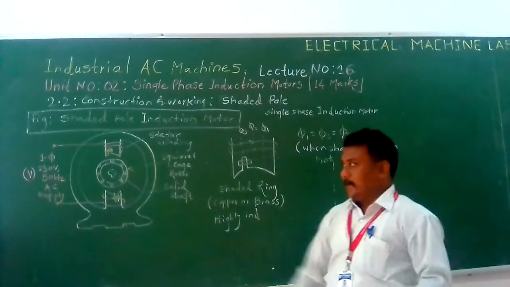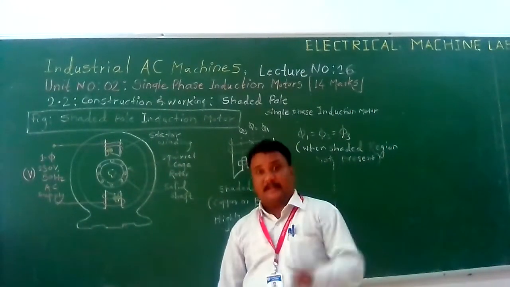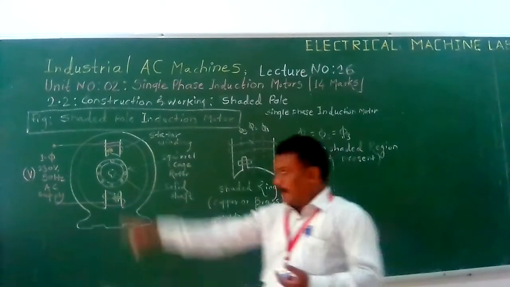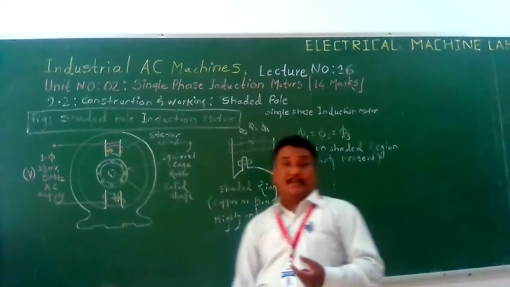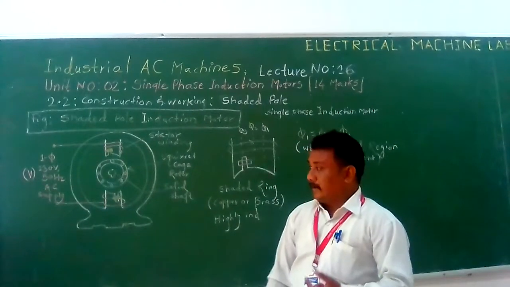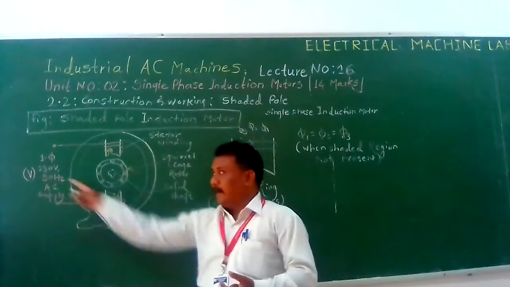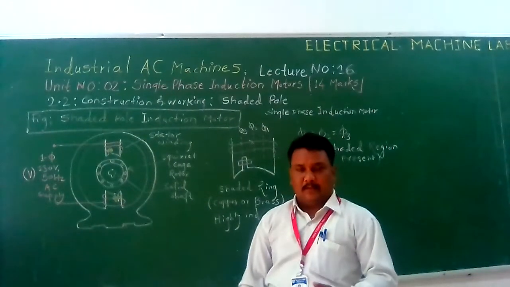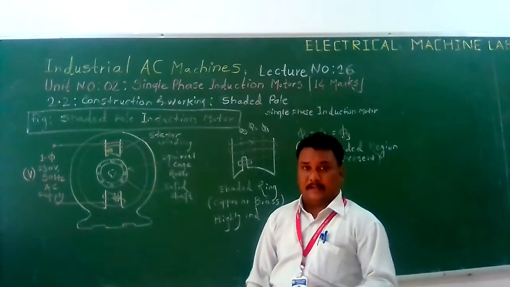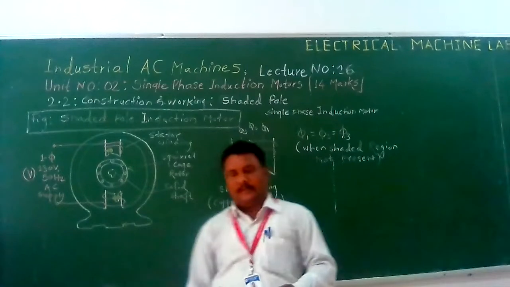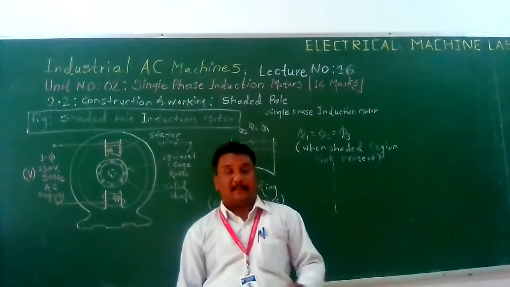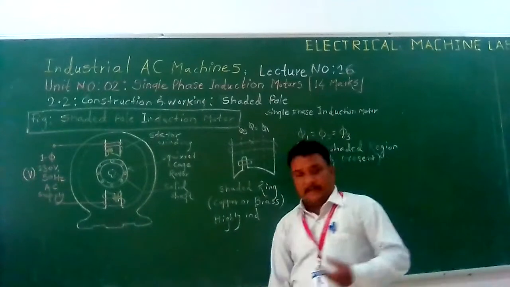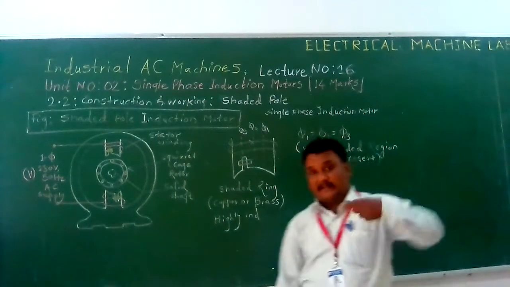Again, the rotor is a conventional squirrel cage rotor, and at the center a solid shaft is mounted. The stator winding is given the supply voltage V. We know that the single phase supply voltage V is a single phase 230 volt 50 hertz AC supply. Here we see three instances.